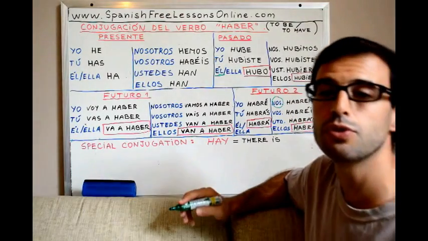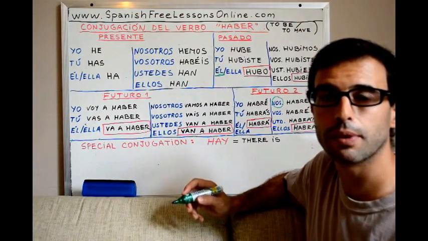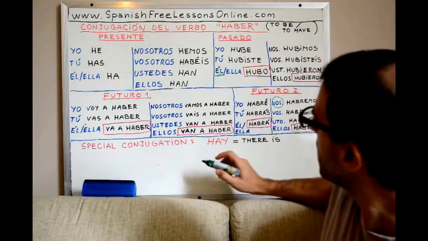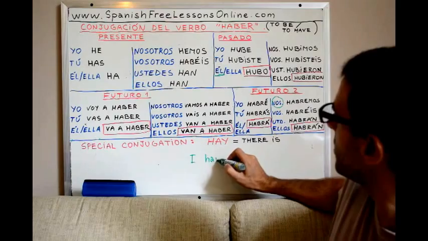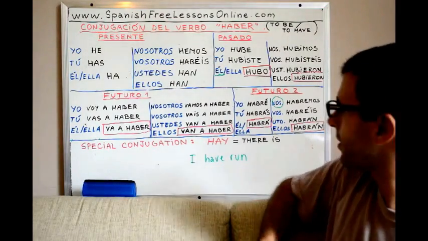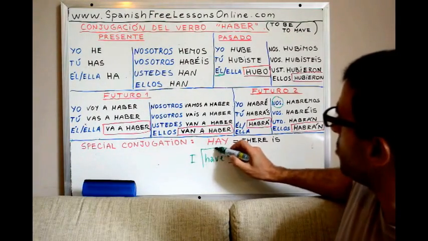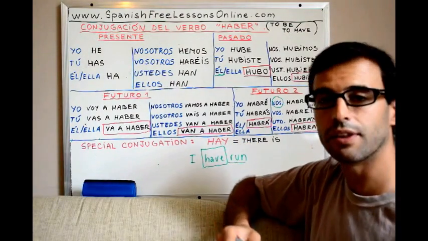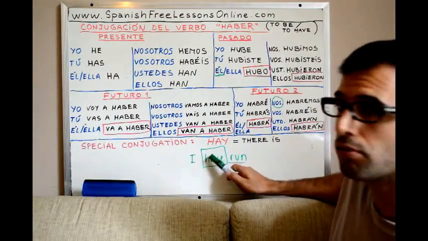For example, let's conjugate the verb to run in present perfect, okay? We say, I have run, okay? Yes? So we are conjugating the verb to run, but the verb to have is the auxiliary verb, right? So we do need to use verb to have.